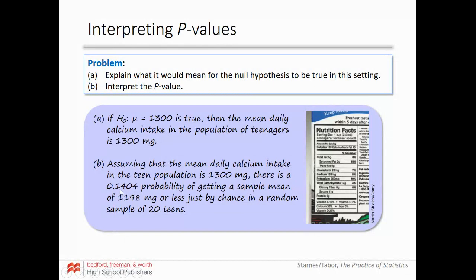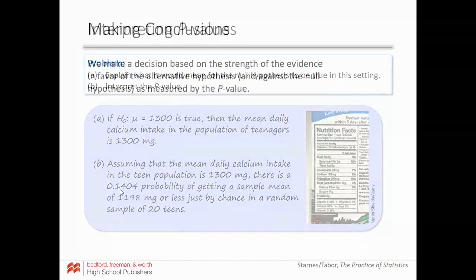That's basically 14%. So 14% of the time, you'd get something like this just by chance. That's pretty high, actually. It's a little bit less than 1 in 5. So maybe this example isn't super convincing. We'll talk about exactly where p-values fall.